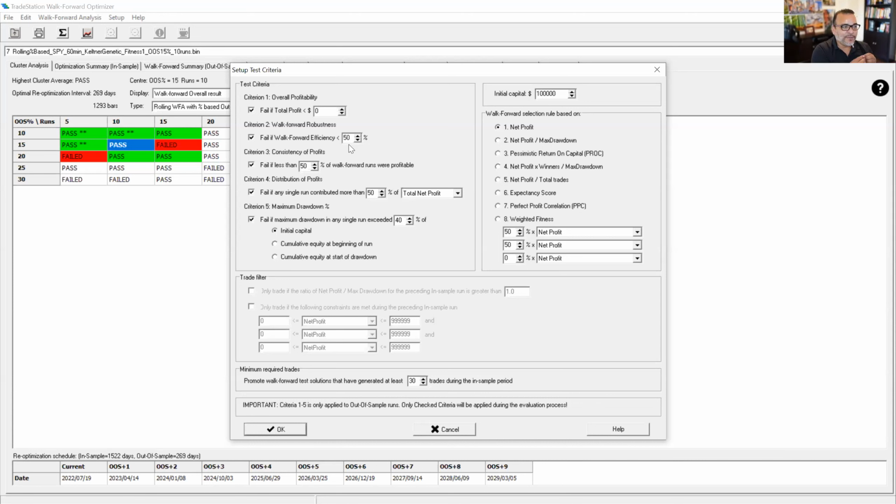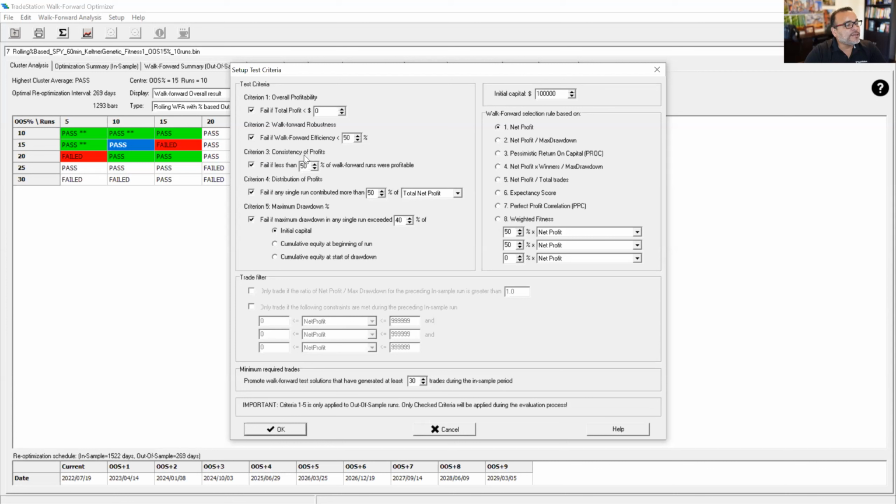So that's what the walk forward efficiency is. If anything less than 50, I don't want to even look at it, because I want robustness. And robustness means that the strategy consistently provides good results, whether it is on data that it sees or data that it doesn't see.